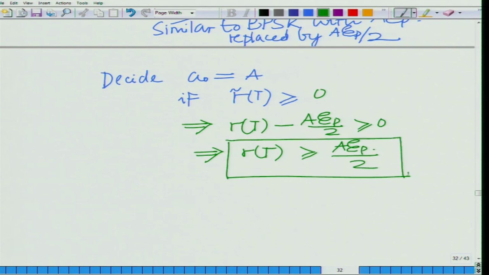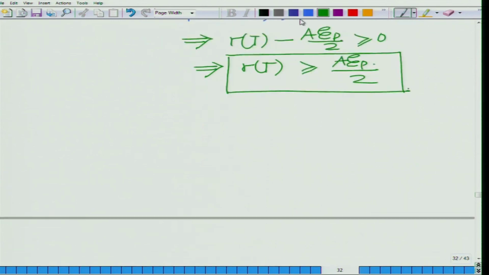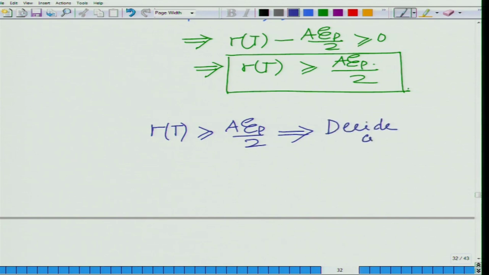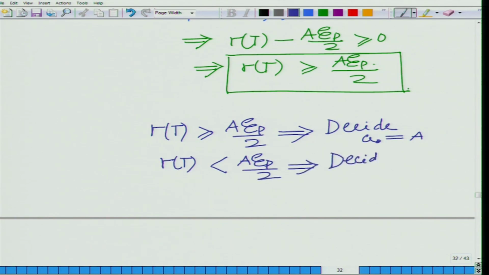So, the decision rule is, again we get back the same decision rule: R t greater than or equal to AEP by 2 implies decide A naught equals A, and R t less than AEP by 2 implies decide A naught is equal to minus A. Okay. So, this is the decision rule that we have.